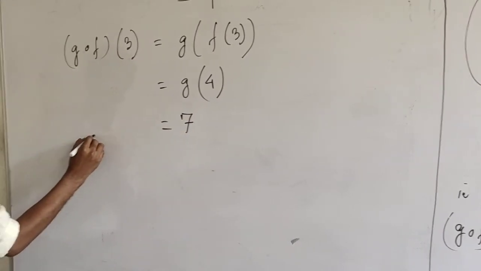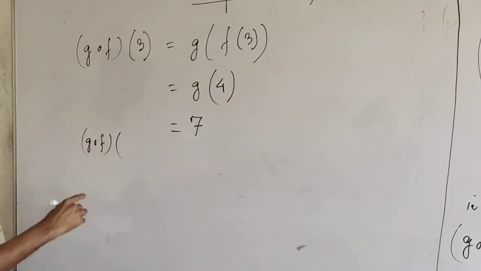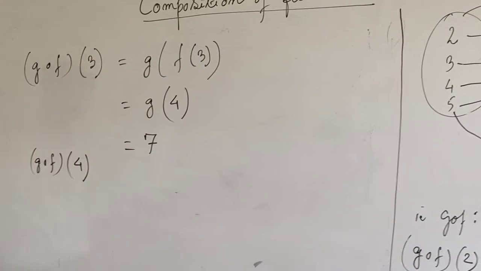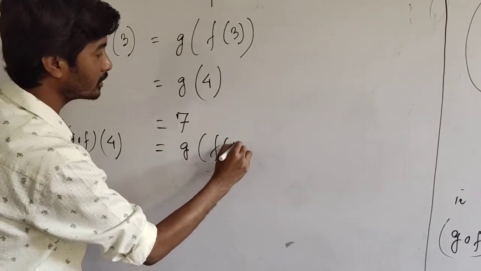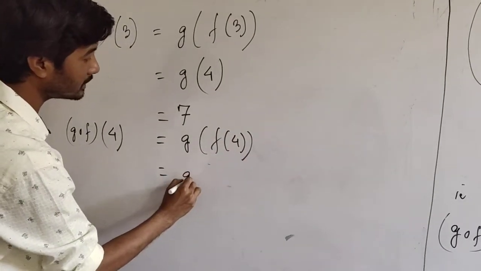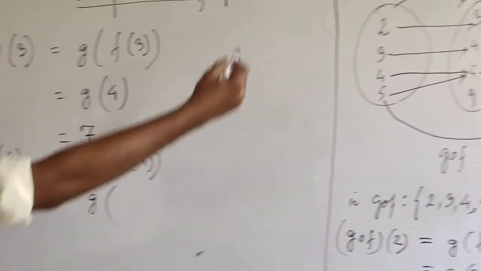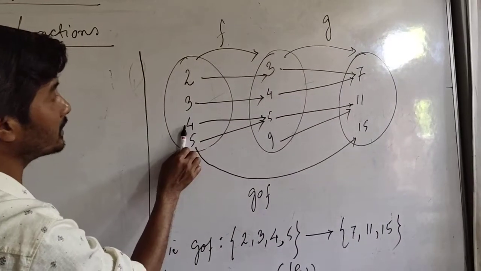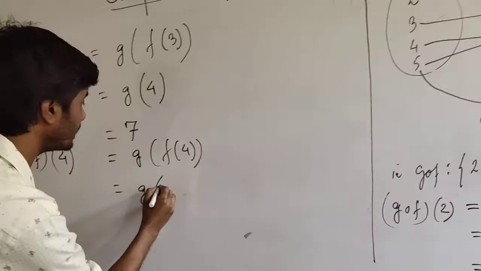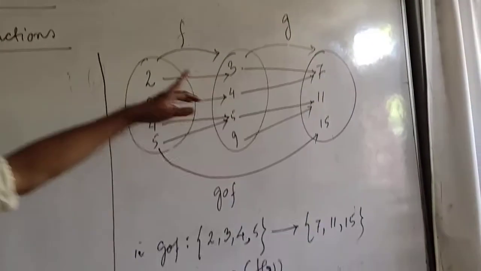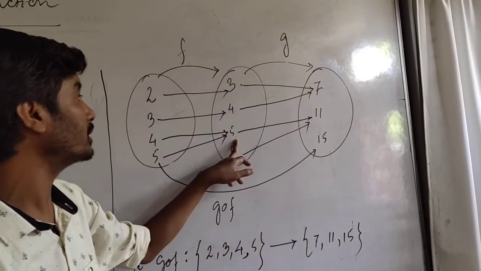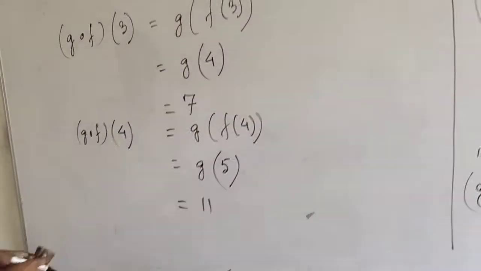Then comes ZOF of 4. This is Z of F of 4. In the diagram, the image of 4 under F is 5, so this will be Z of 5, and in the diagram for Z we see that the image of 5 is given as 11. So this will be 11.